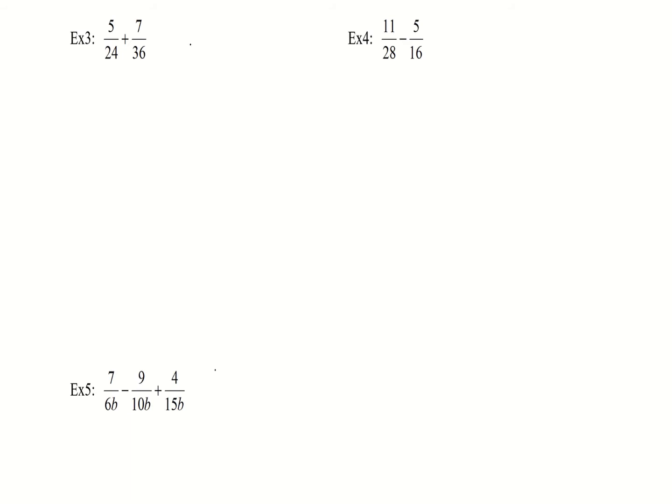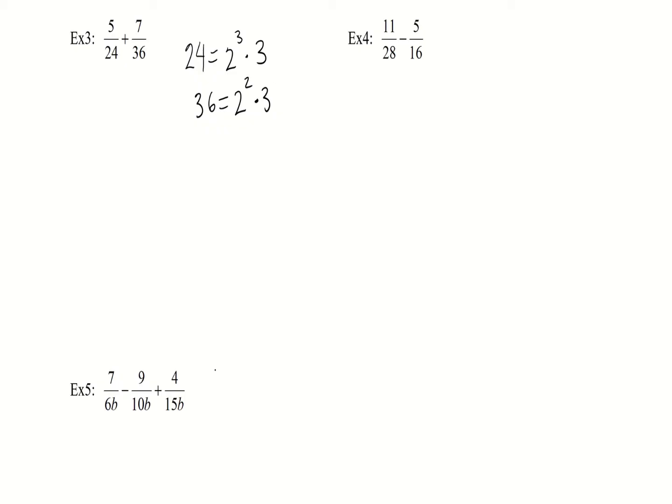So the prime factorization of 24, I'll remind you, is 2 to the third times 3, and the prime factorization of 36 is 2 squared times 3 squared.